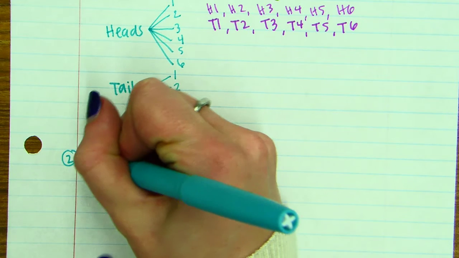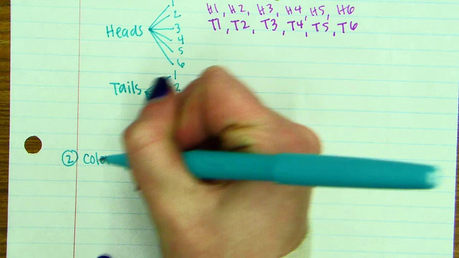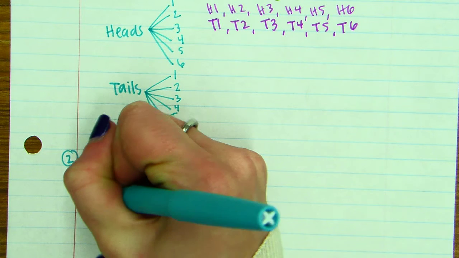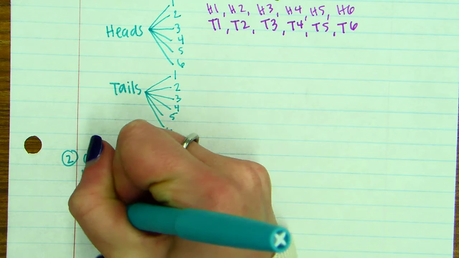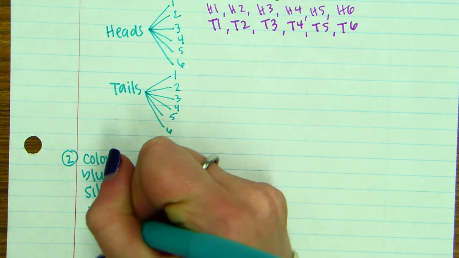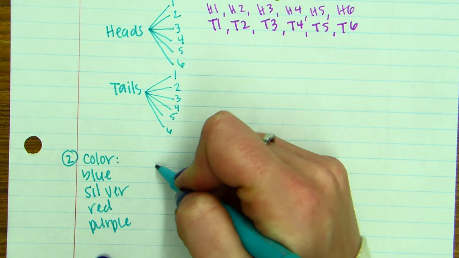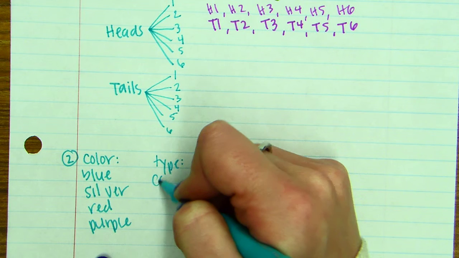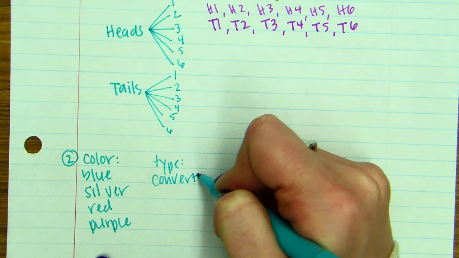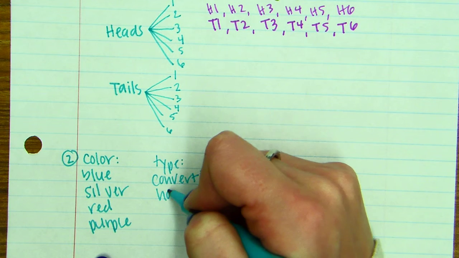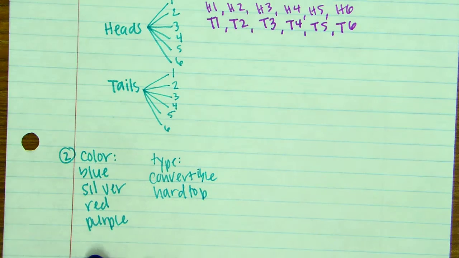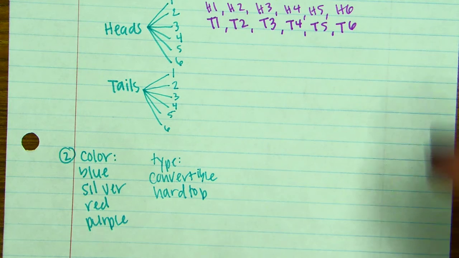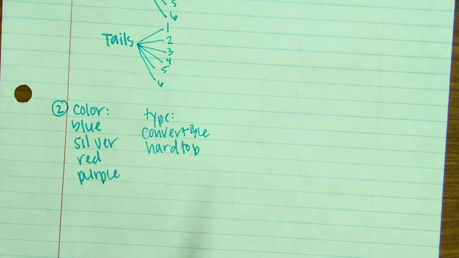So the car color can be blue, silver, red, or purple, and the car type could be convertible or just a hardtop. So we need to make a tree diagram to represent the situation, and then that will give us the sample space or the set of possible outcomes.